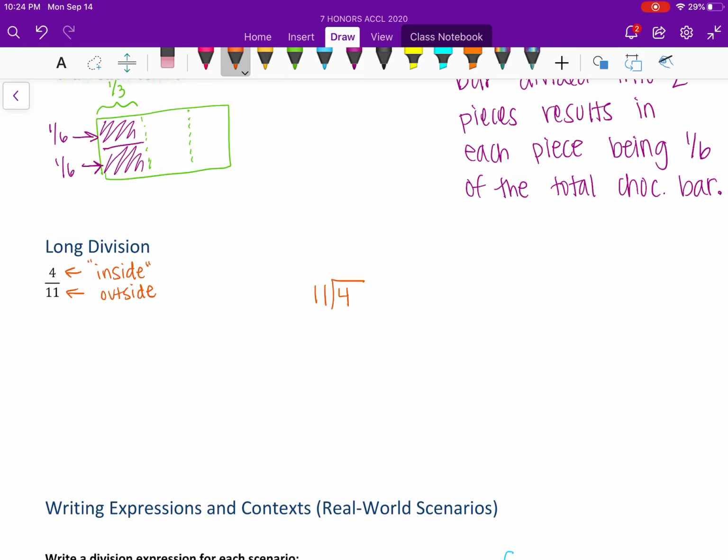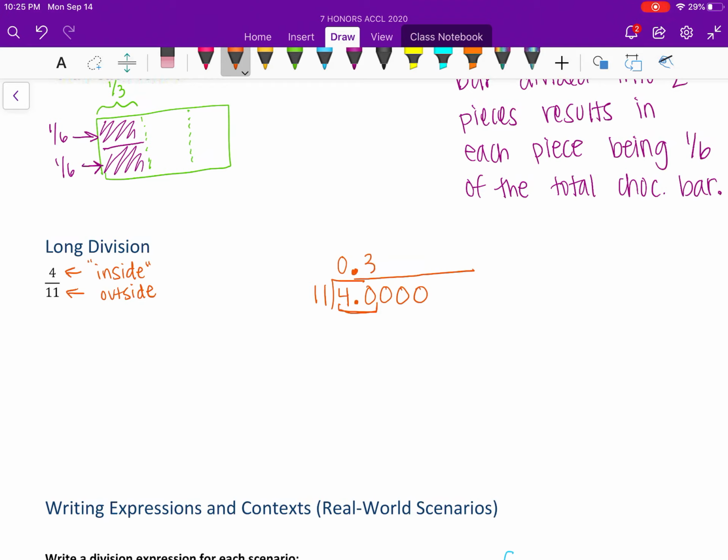So 11 can't go into 4. It goes into 4 0 times. However, if I were to add a decimal point and a couple zeros, I'm just going to add 4 zeros. Why not? Okay, I'm always going to line up my decimal point. Now we're going to try one more time. 11 goes into 40.